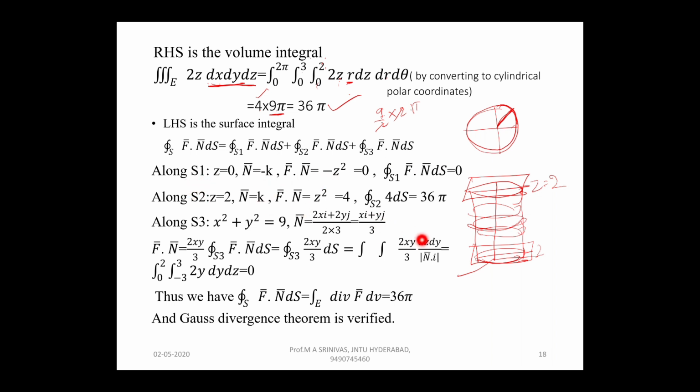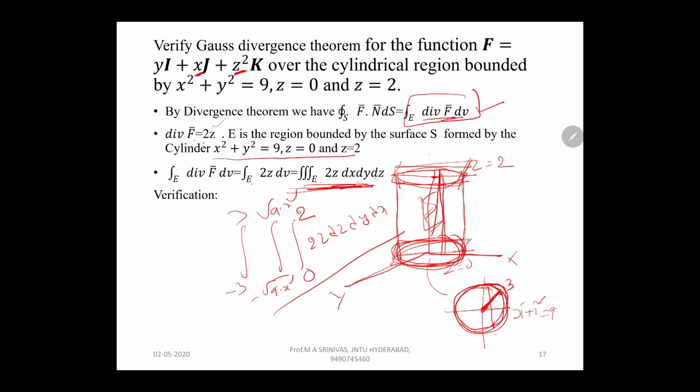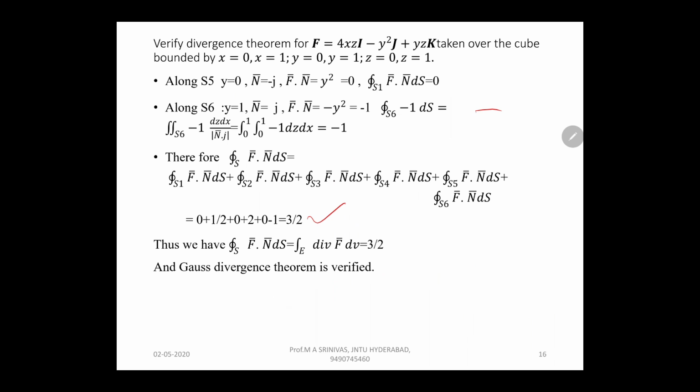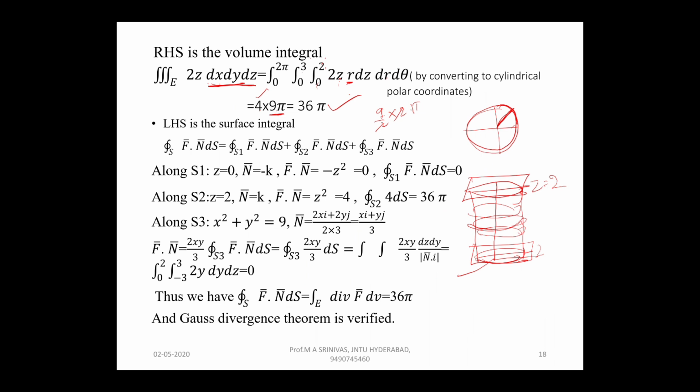If you remember the function, I'll write here f bar is y i bar plus x j bar plus z square k bar. This is my f bar.